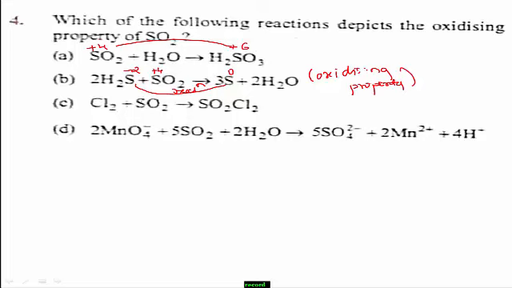Next, another option, Cl2 in molecular form. Here it is 0, and in SO2 sulfur is +4, and in SO2Cl2 the oxidation state of sulfur is +6, and Cl is always -1. And similarly in the final reaction, the oxidation state of Mn in MnO4- is +7, and with 5SO2, sulfur is +4.